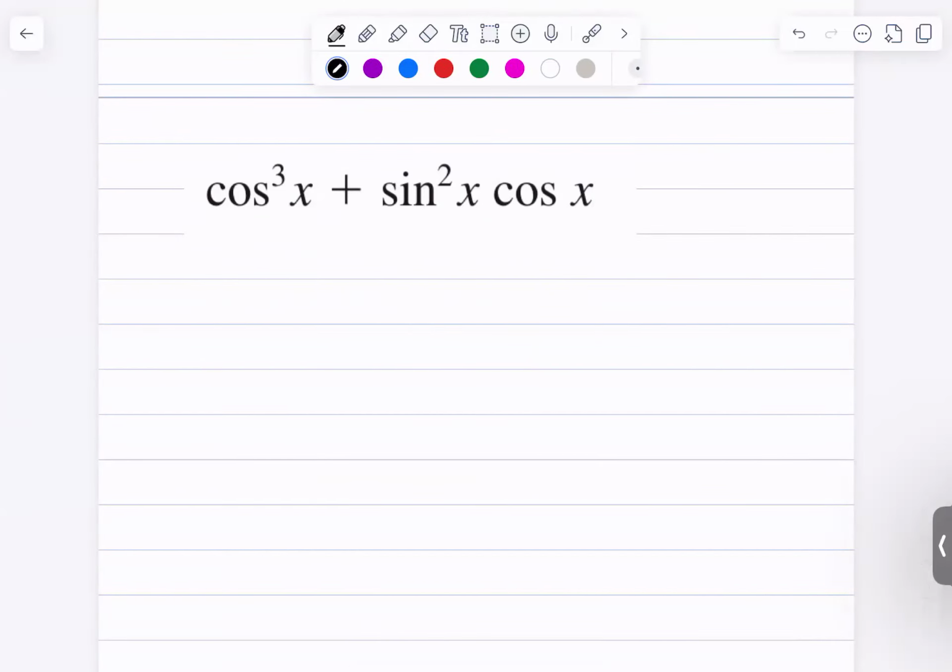This next example, we have cosine cubed of x plus sine squared of x cosine x, right? Now this is just an algebraic term, okay? If you think about what we can factor out, what can we factor out?